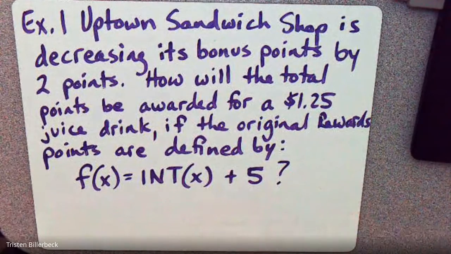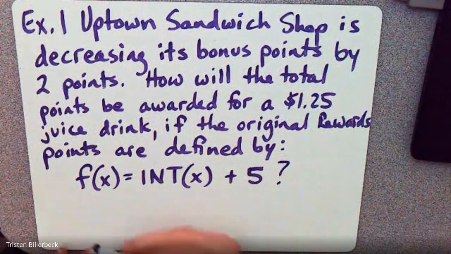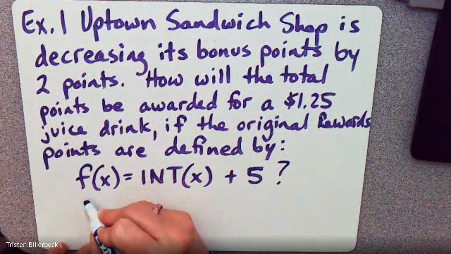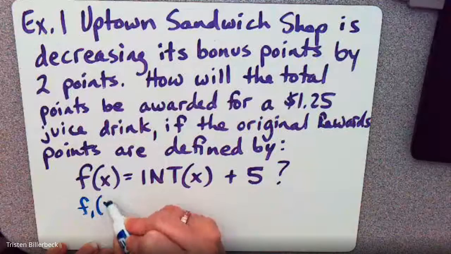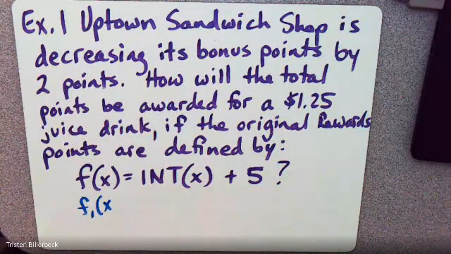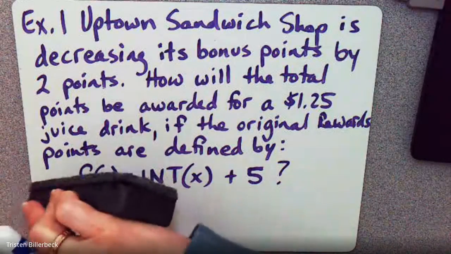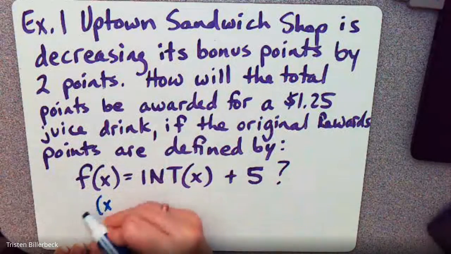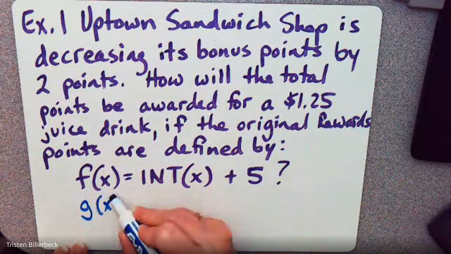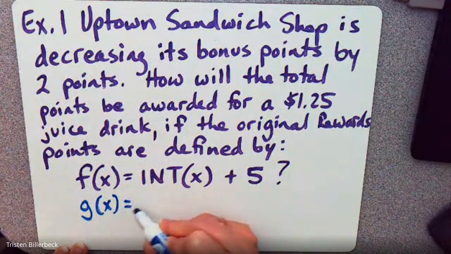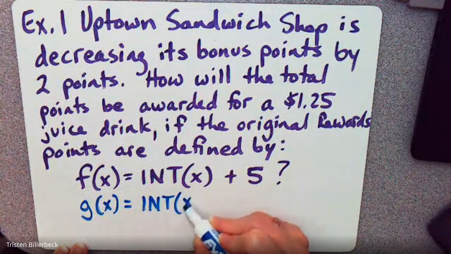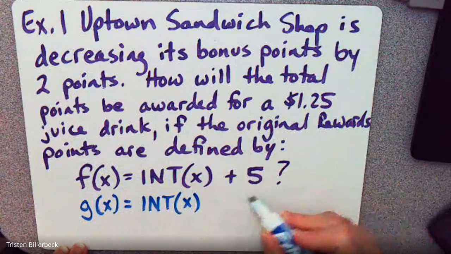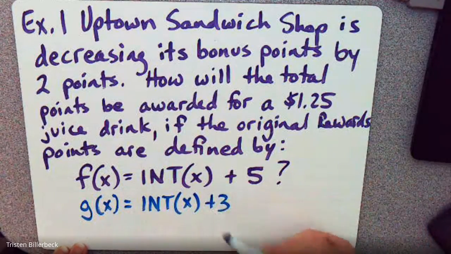Well, if we're reducing our reward points, then the new function, f1 of x, or why don't we just call it g of x, just so we know it's different. So our new function g of x equals int of x, but we're going to reduce this so it's plus 3.